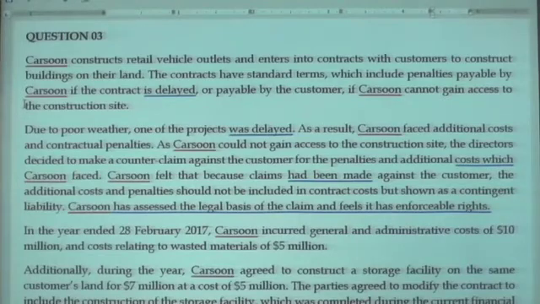Based on that information, tell me how they satisfy the performance obligation, over a period or at a point in time. At a point in time. How? Read the first paragraph again and tell me how they satisfy the performance obligation at a point or over a period.